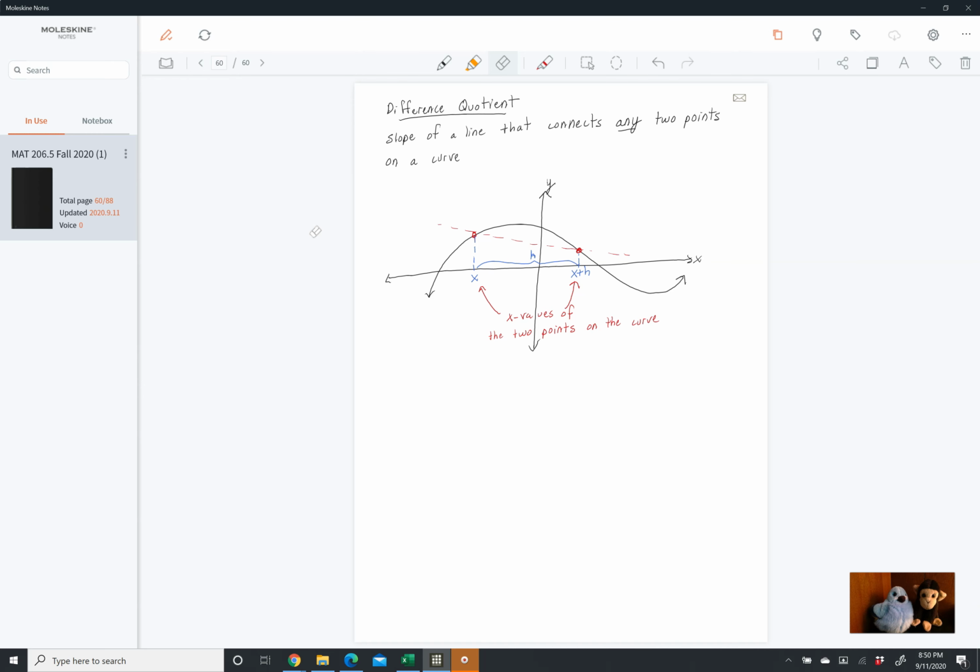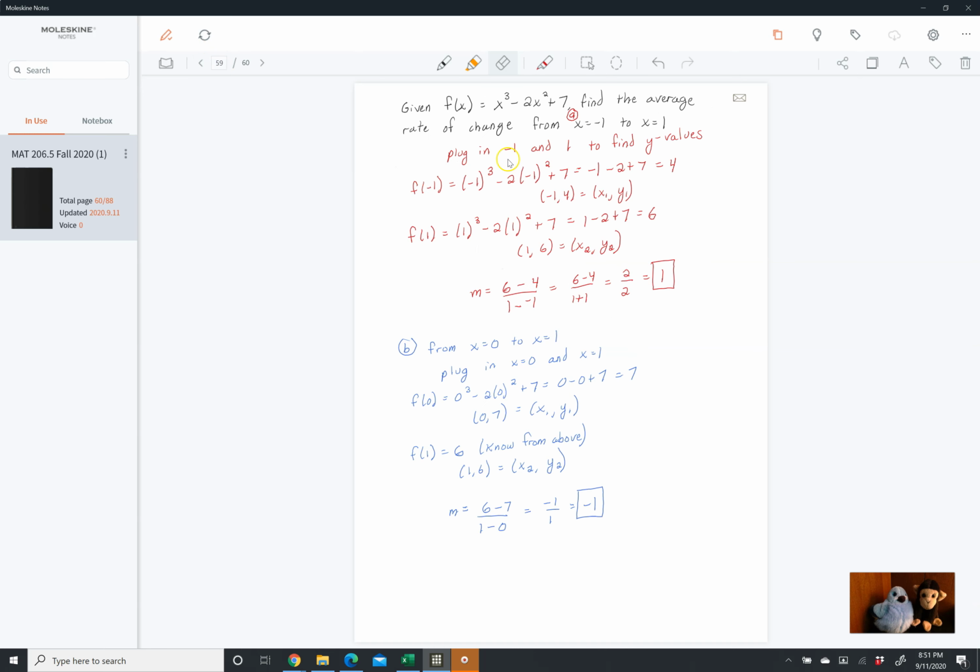Okay. Corresponding y values, think about how we write it. Are what happens when we plug in x, right? So in average rate of change, we said it was f of -1.